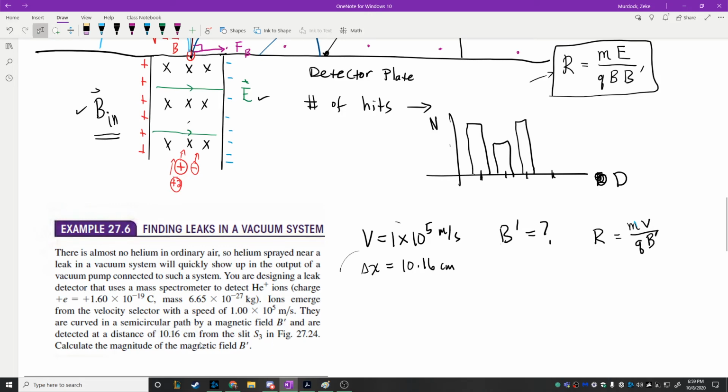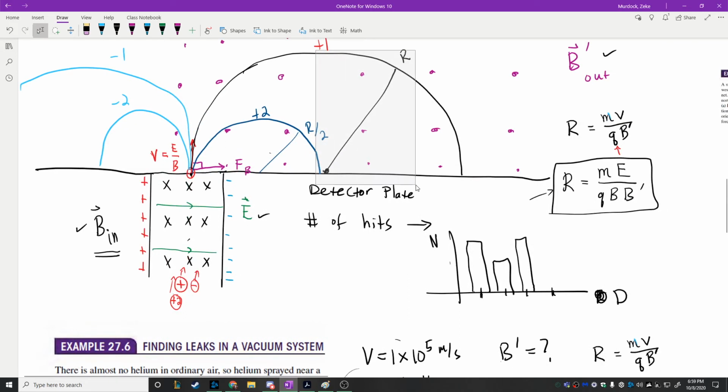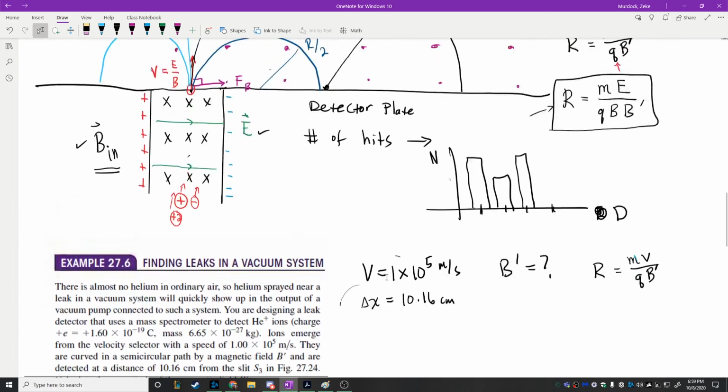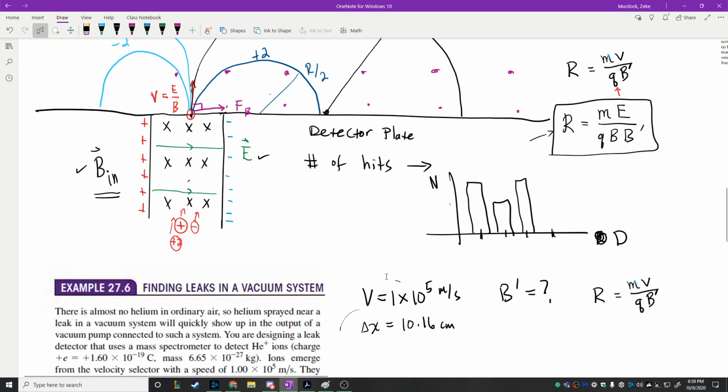So how is this distance related to the radius of the path? They're giving us the distance from here to here. What is that distance for the circle? It's the diameter.